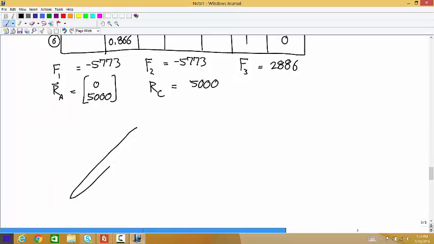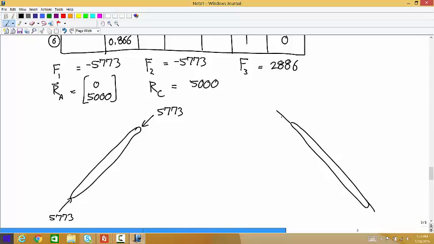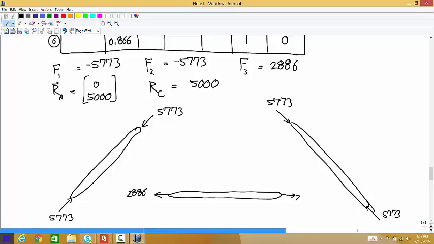It says member 1 is in compression, the negative says compression. Member 2 is in compression because of the negative sign, and that's also 5773. And member 3 is in tension because it's positive 2886.